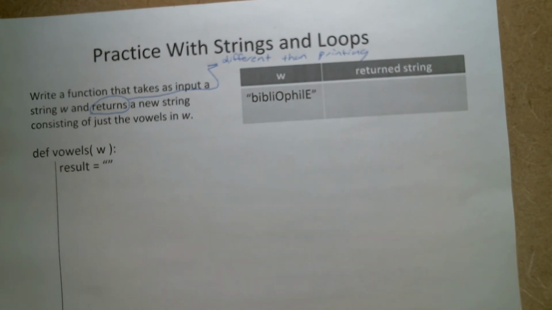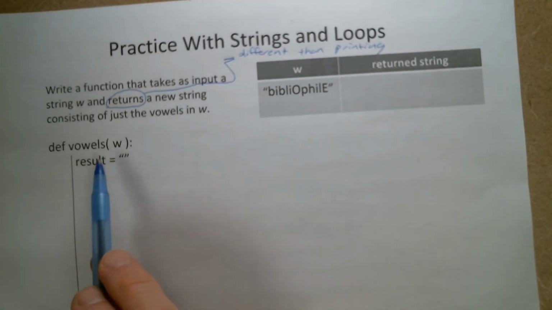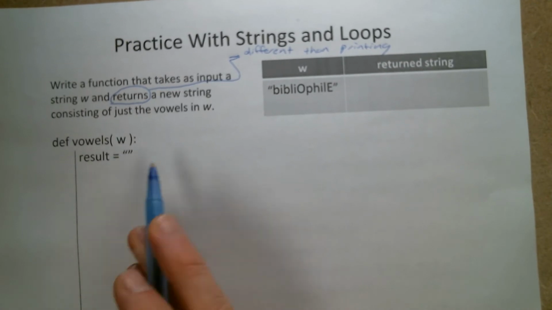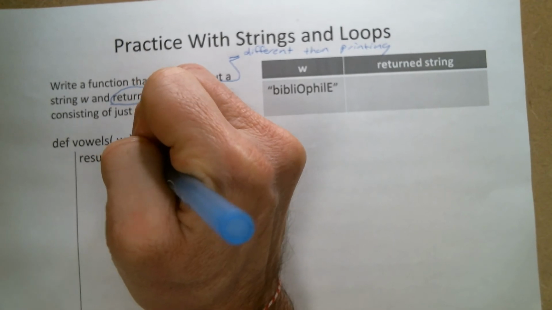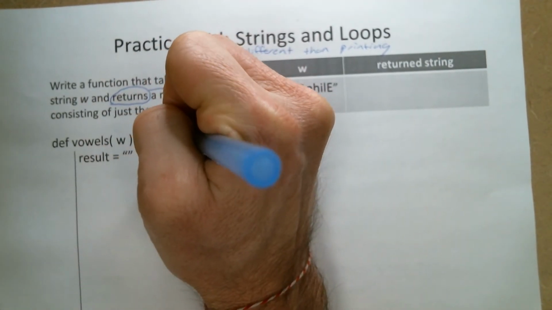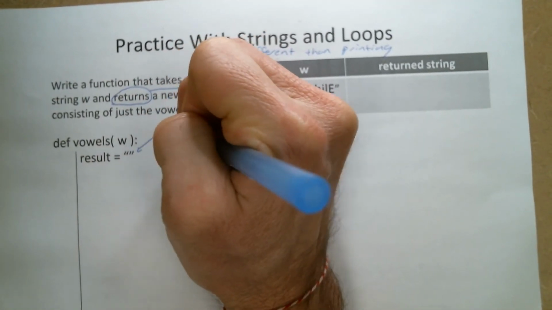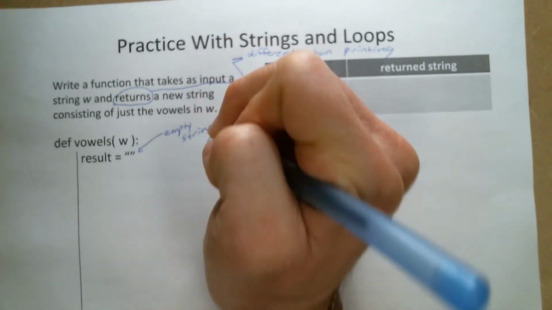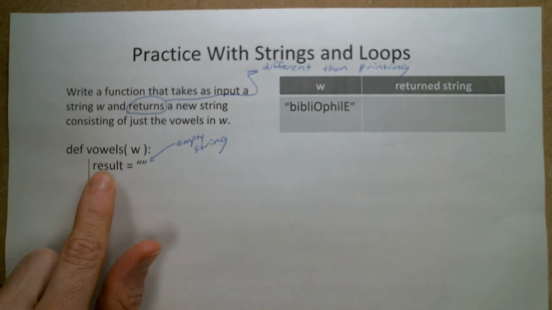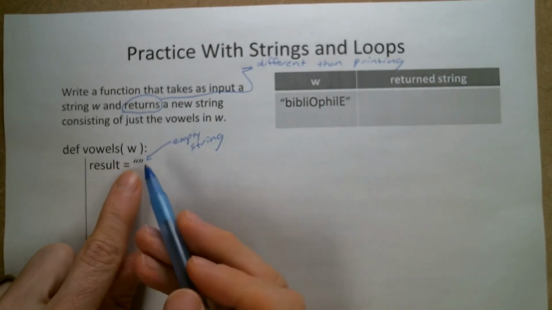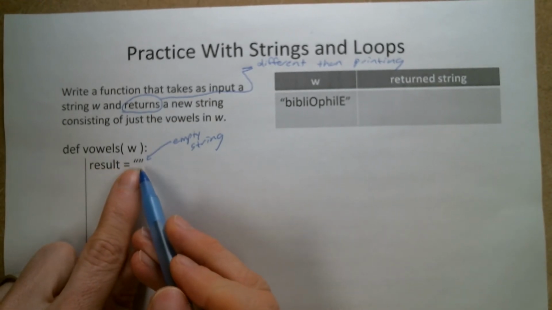All right, so let's see how we're going to make this happen. So here we have a variable called result. And when we just do quotes next to each other, this is how we define an empty string. So at the very beginning, this is eventually what we're going to return. This is the variable we're going to send back. At the very beginning, this variable is empty.